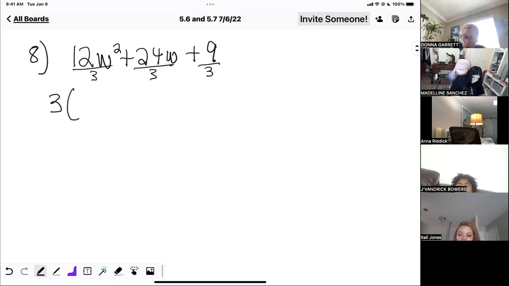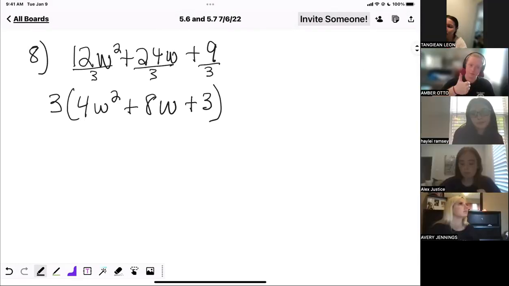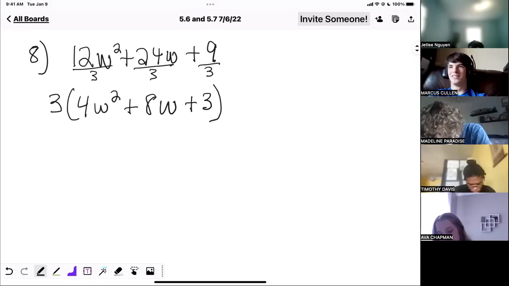I'm left with 4W squared plus 8W plus 3. And just like before, I cannot forget my 3. I factored it out, so 3 has to come down, and I'm going to try to factor what's left.